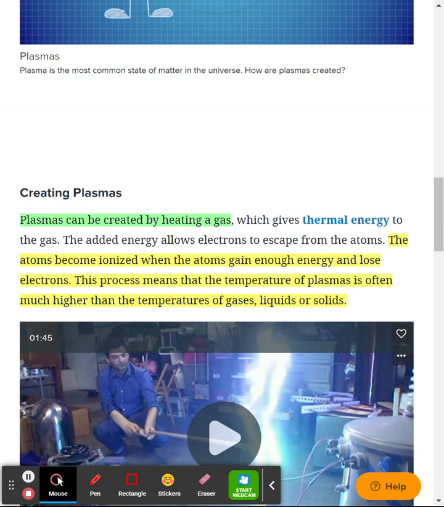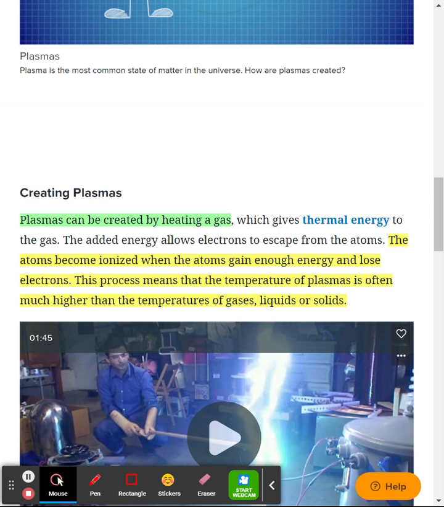Creating plasmas requires the heating of a gas.